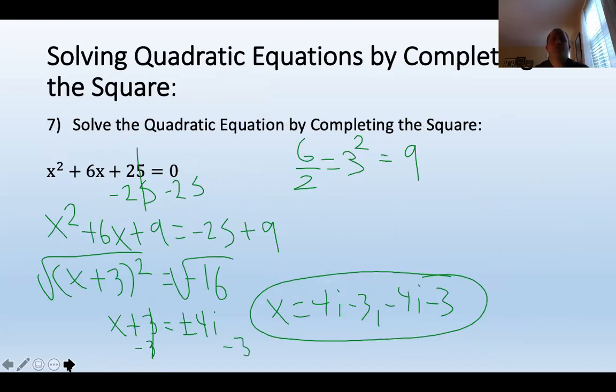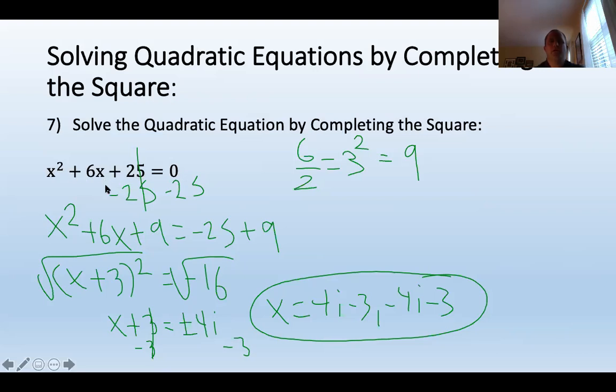The next problem states, solve the quadratic equation by completing the square. We have x squared plus 6x plus 25 equals 0. The first step in completing the square is to move the constant term, if it's not already there, to the opposite side as the quadratic term and the linear term.